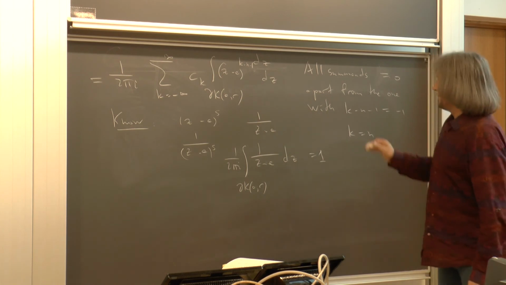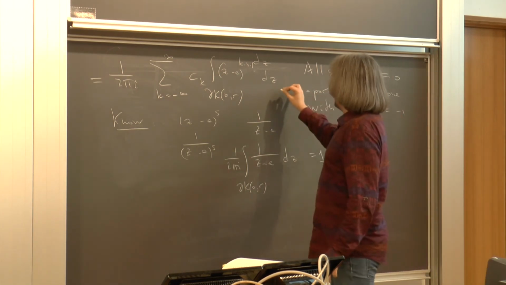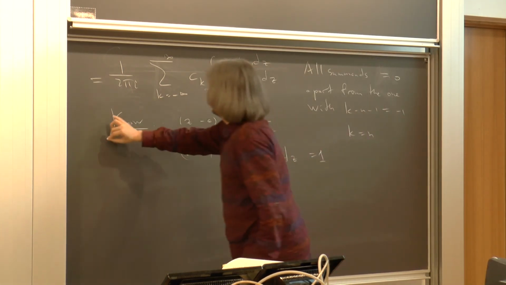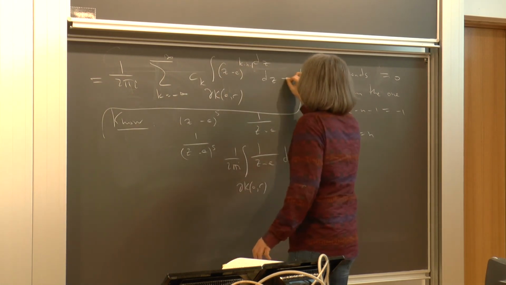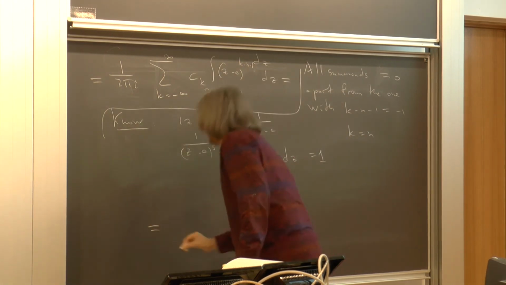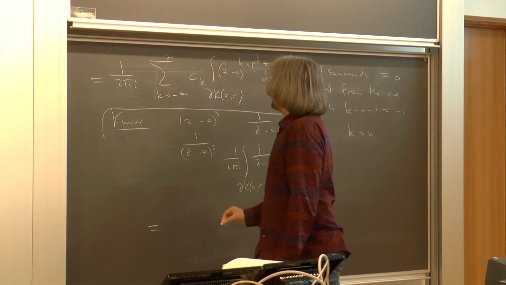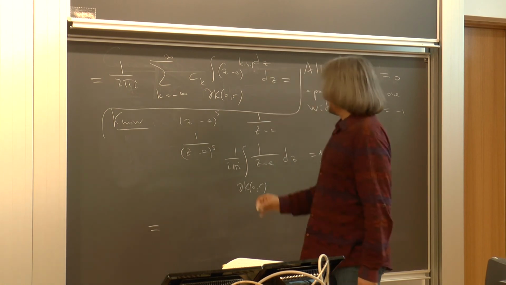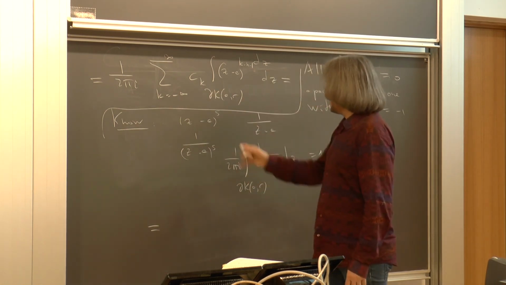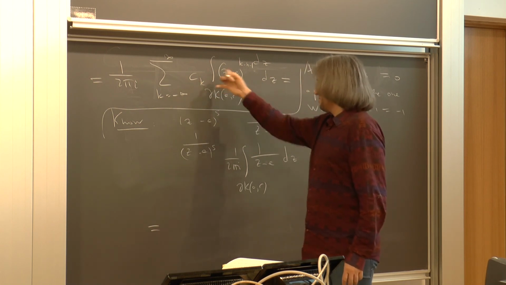So then the total thing becomes, I can continue this equality, simply cn. So the only non-vanishing summand is cn times 1.